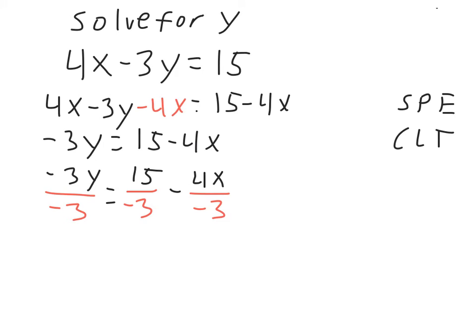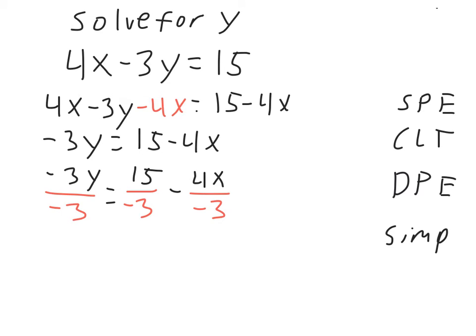So just like multiplying, you had to multiply every term. With dividing, you have to divide every term. And that's using the division property of equality. So then, from there, we simplify.